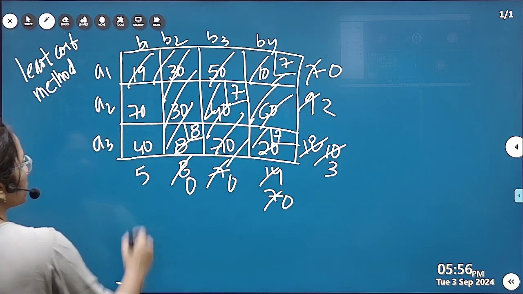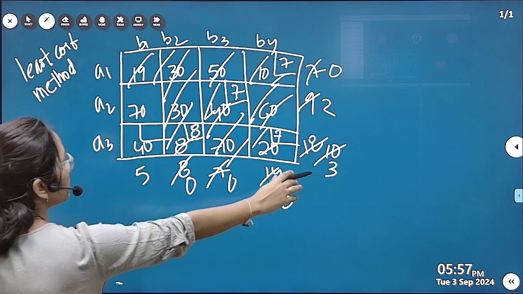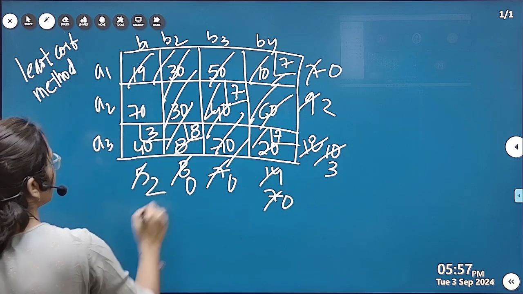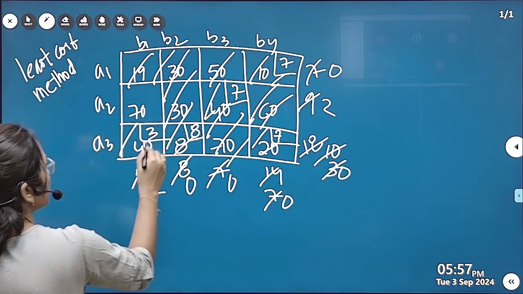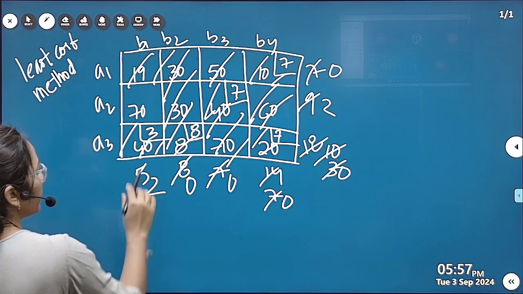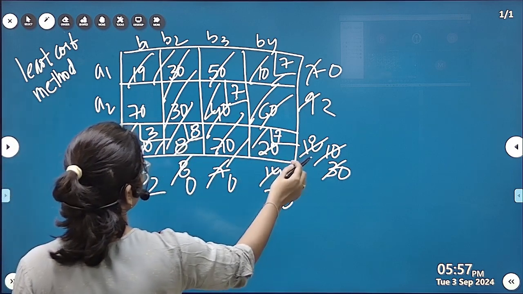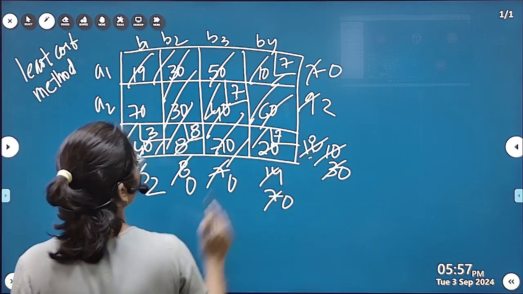So next least cost is here 40. So we have 5 units, but there are only 3 units in A3. So let us take 3 units. The remaining 2 units will be there. So here the 3 has been met. So 0. After doing this, when you add this amount 8 plus 3 plus 7, you need to get this one. Okay, 7 plus 3, now 10 plus 8, 18 we got.